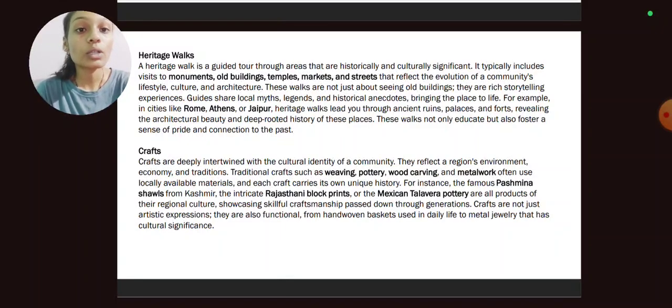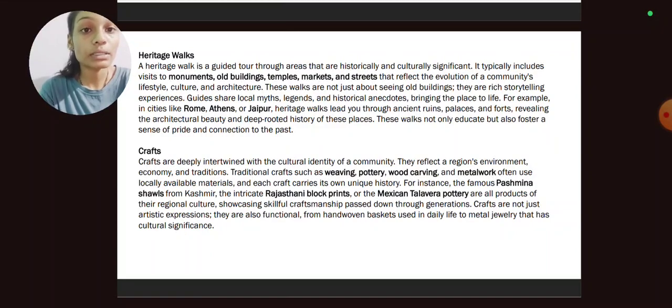It typically includes visits to monuments, old buildings, temples, markets, and streets that reflect the evolution of a community's lifestyle, culture, and architecture. These walks are not just about seeing old buildings, they are rich storytelling experiences. Guides share local myths, legends, and histories, bringing the place to life.